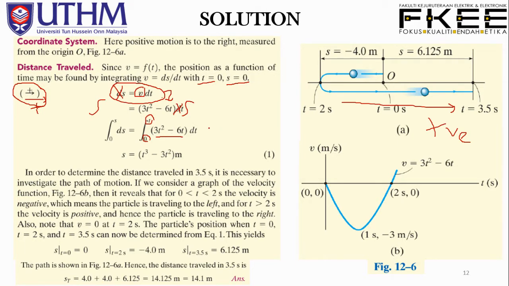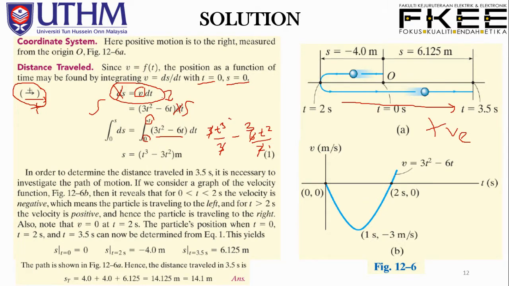So simply we can write this equation where 3t to the power of 3 over 3, minus 6t to the power of 2 over 2. Okay, so cancel out this and this, and this one and this equal to 3, sorry.